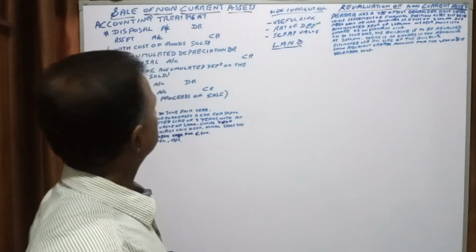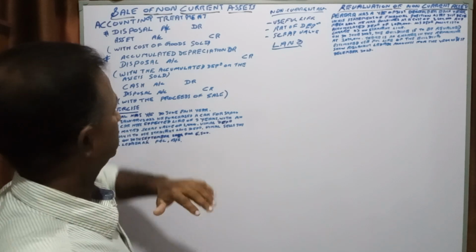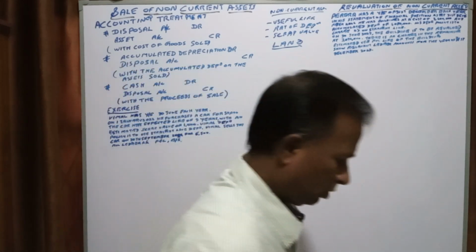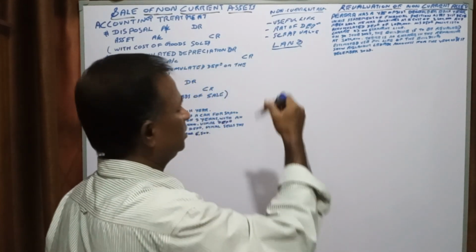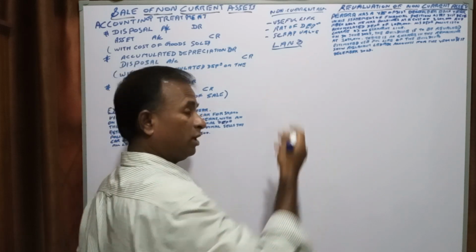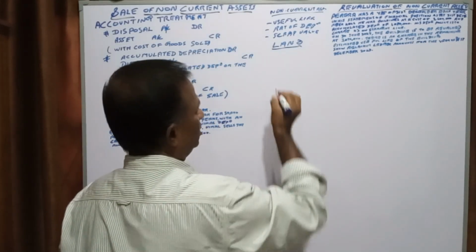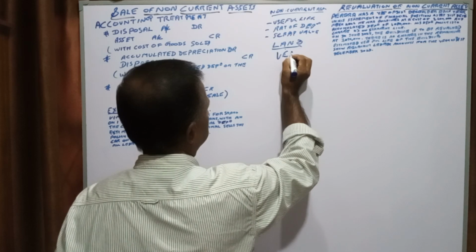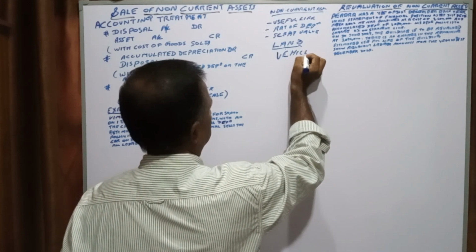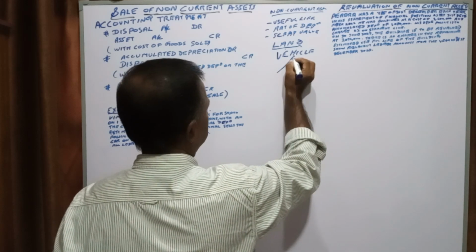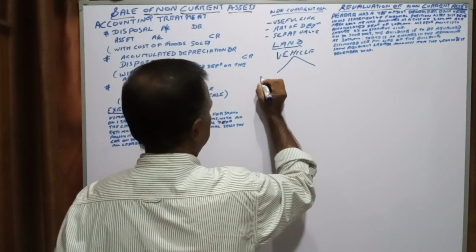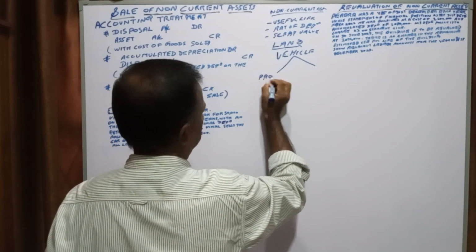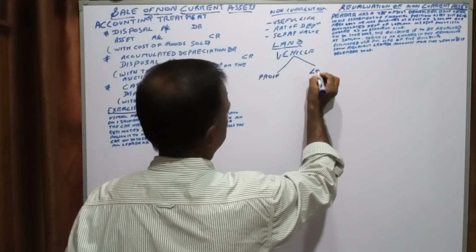At the time of sale of non-current assets, we sometimes incur a loss or a profit. For example, when we are selling a vehicle, the outcome of that transaction may be profit or loss.